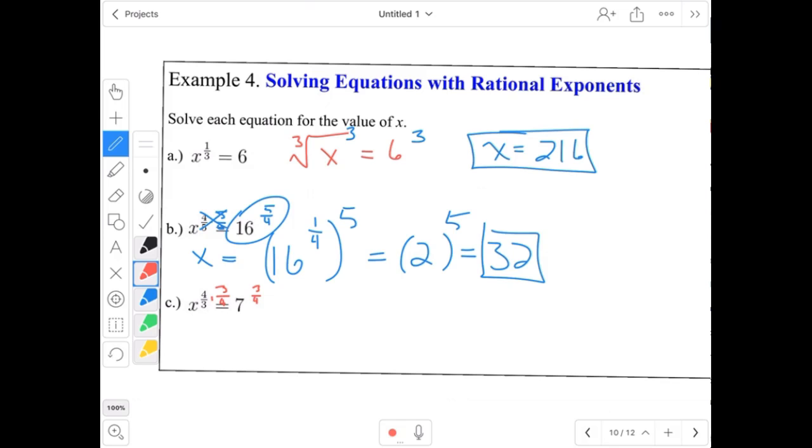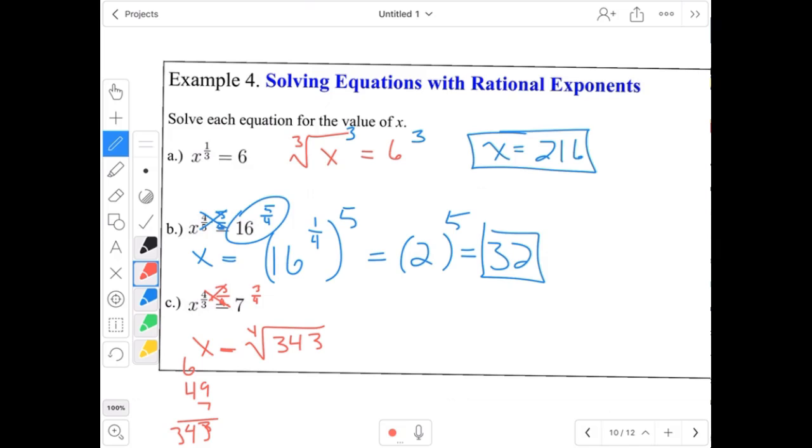So that leaves us with an x. I don't know what the 4th root of 7 is, but 7 times 7 is 49. Let's do 49 times 7. We would get 343. So x is equal to the 4th root of 343. Let's check some numbers.